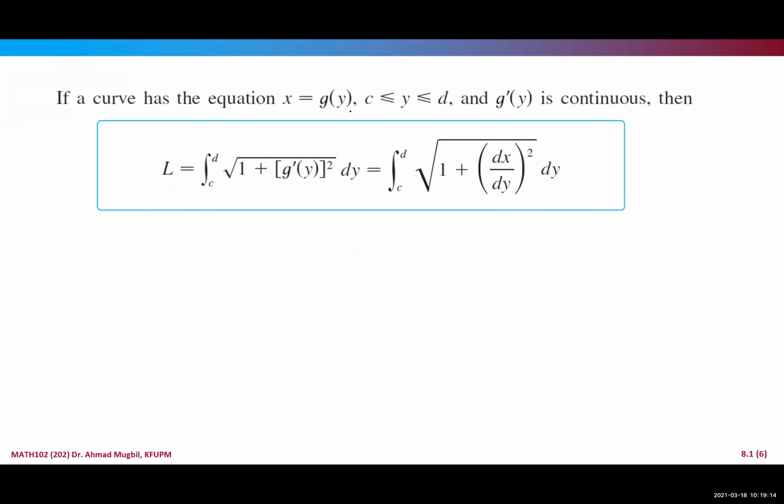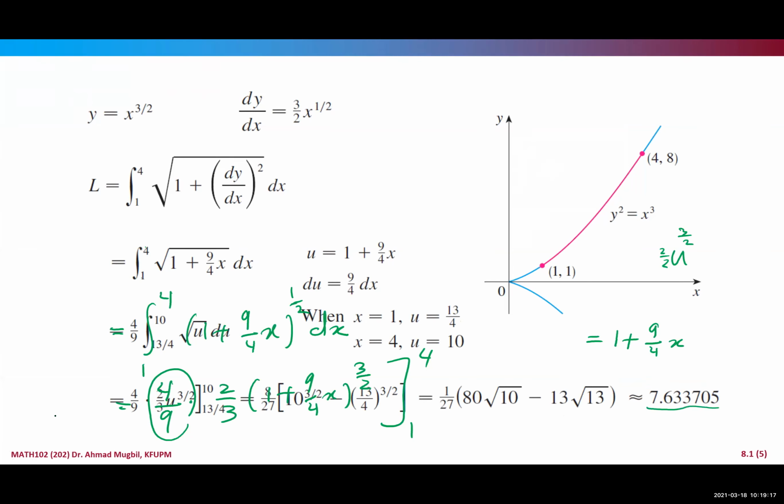Now, as I said before, guys, this previous example, we can solve it for x. We can write x as a function of y. And then we can find the derivative of x with respect to y.